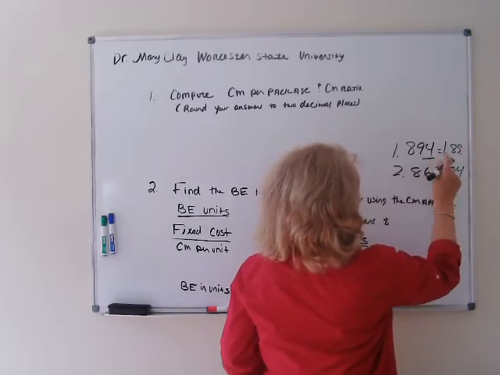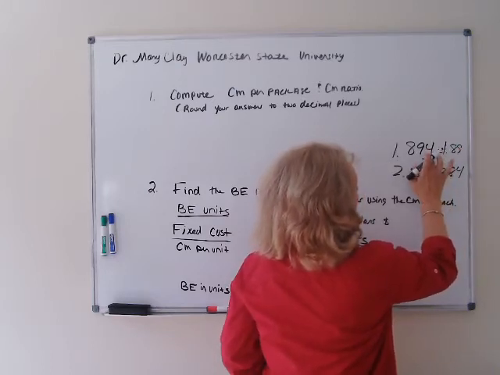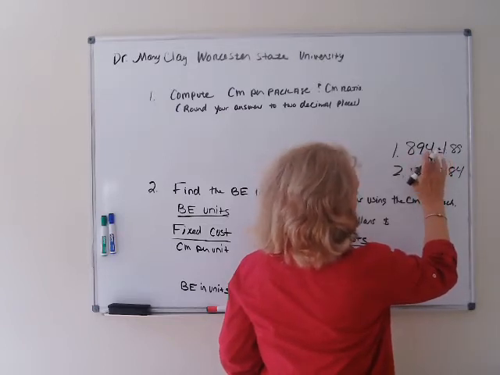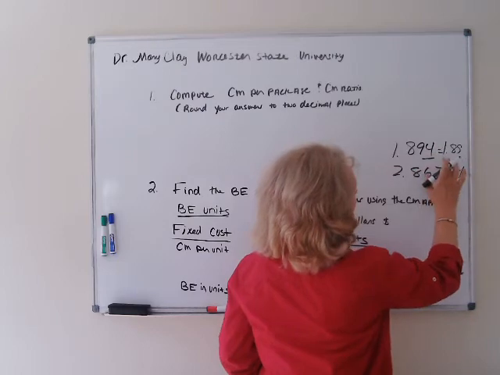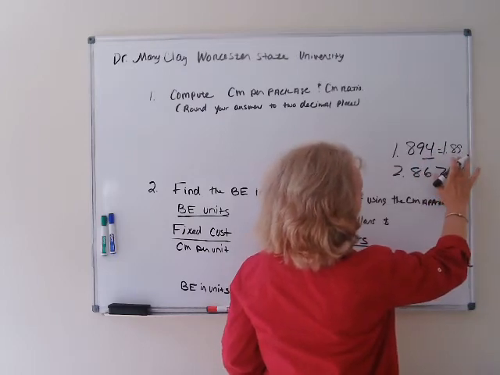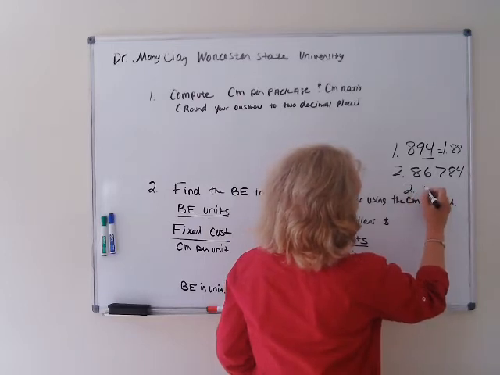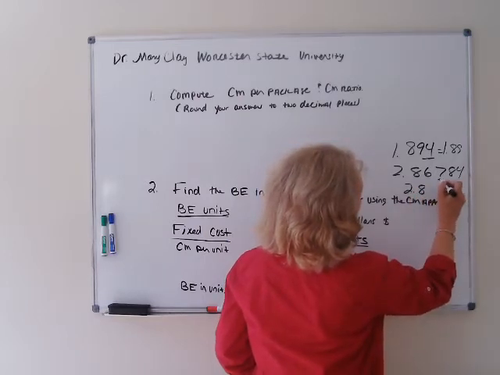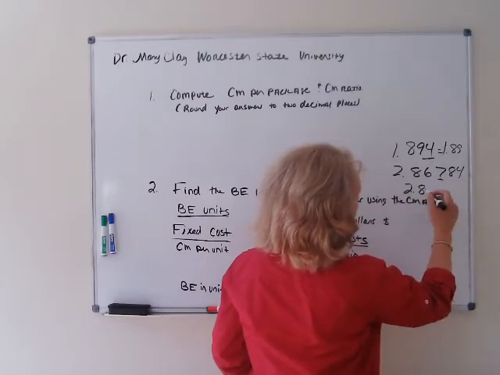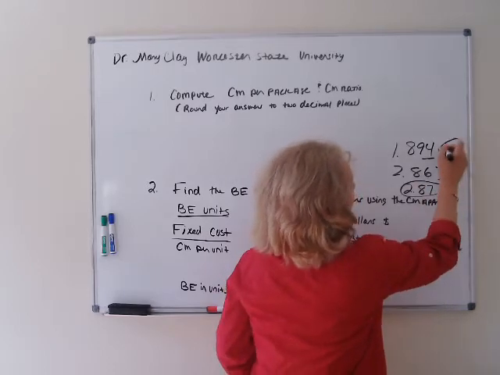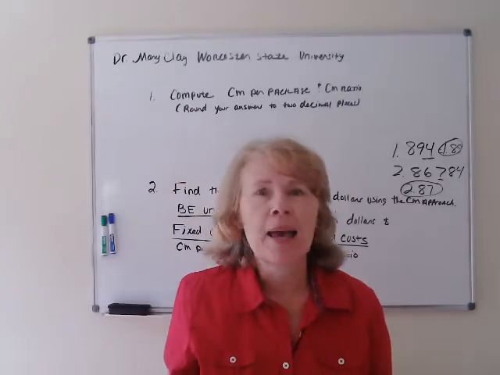You underline that digit, which is less than 5, so that will not go up. So it's $1.89. This one is 2.86784. We're going to underline here. That's greater than 5, so this goes up. So 2.87. Just quick basic math.